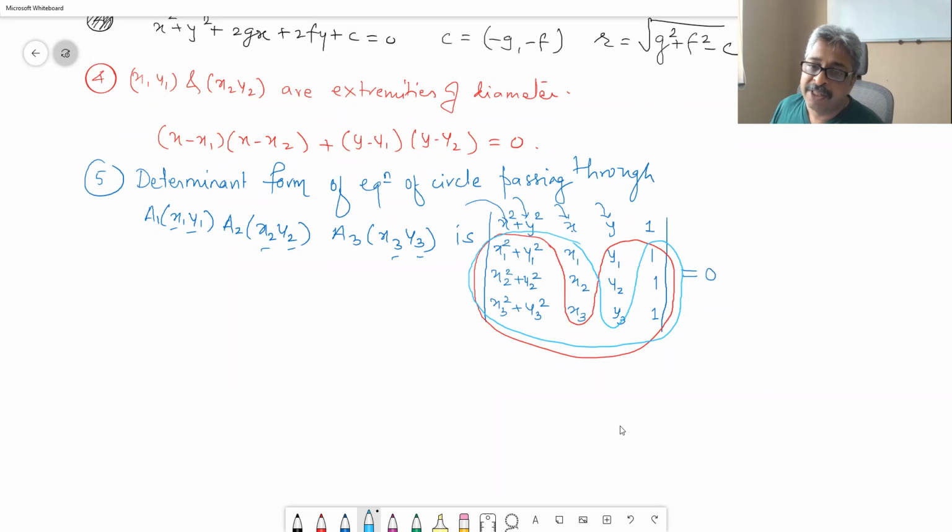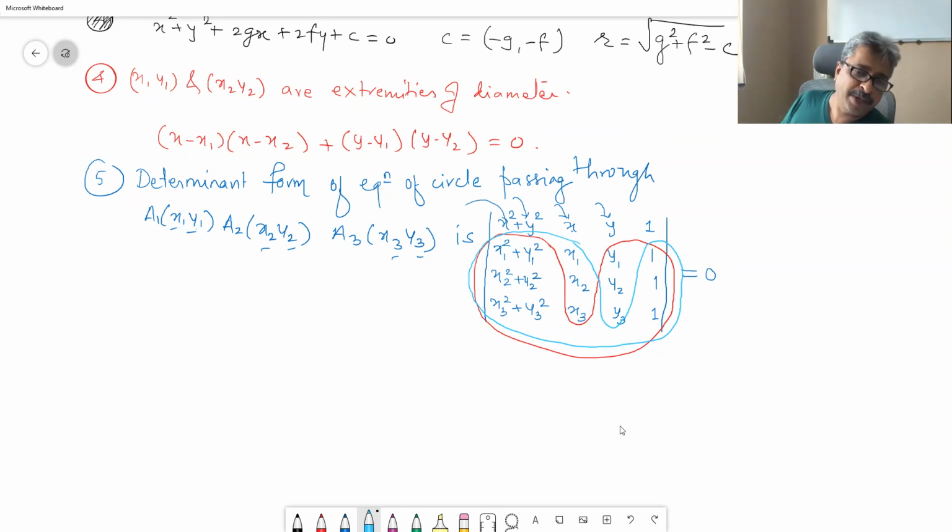Now, why will this circle pass through these 3 points? Because there is a property of determinant: if two rows are the same, then the value of the determinant is always 0. So if we substitute x1, y1 in the first row, it looks like the second row, and therefore x1, y1 will satisfy this determinant equal to 0.